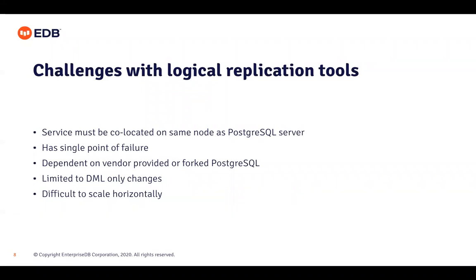And then out of the box, Postgres does support logical replication, and that's what we are using for the solution we're about to talk about. But out of the box it only supports the data changes in the database.